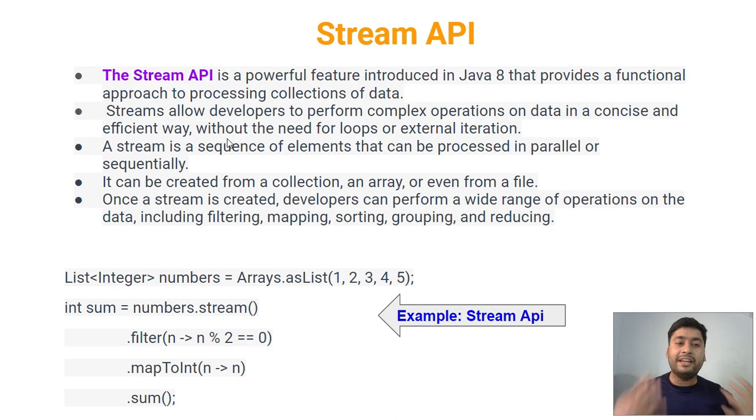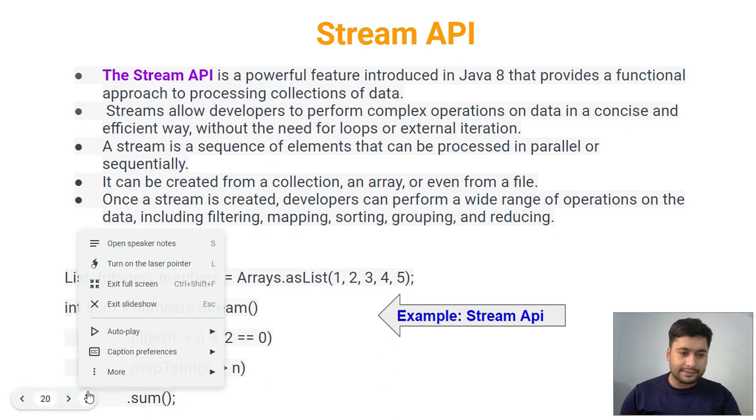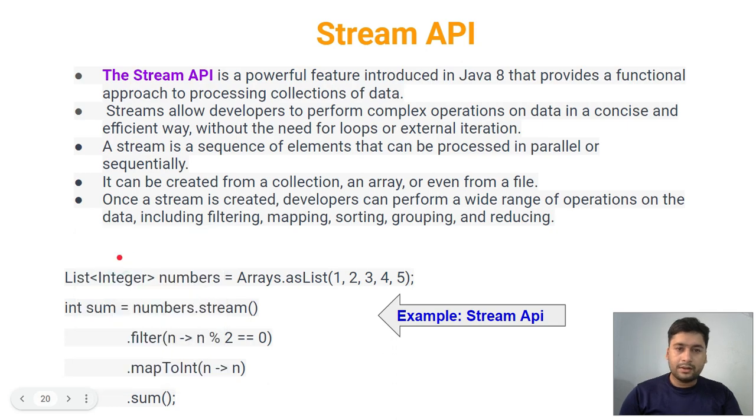Efficient means very fast, without the need for loops or external iterations. So in that case we don't want loops or any iterations, and we can do it with the help of the method itself.